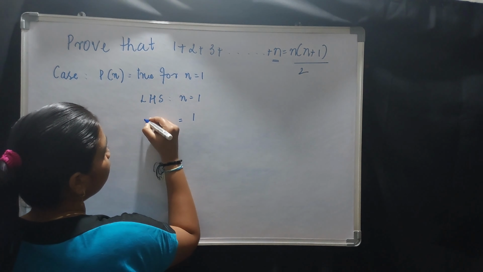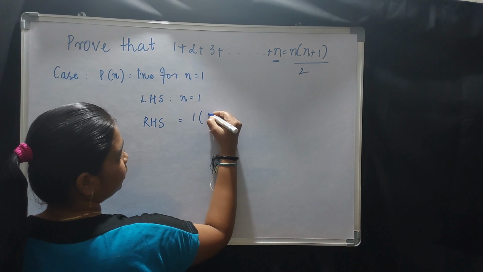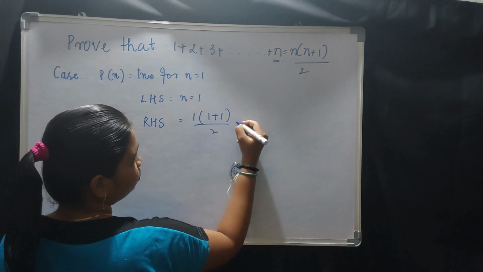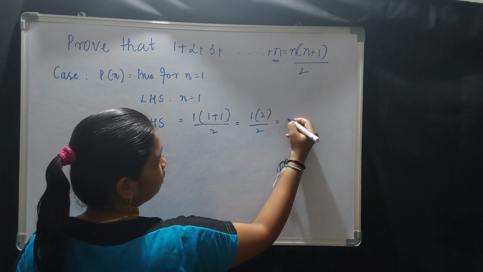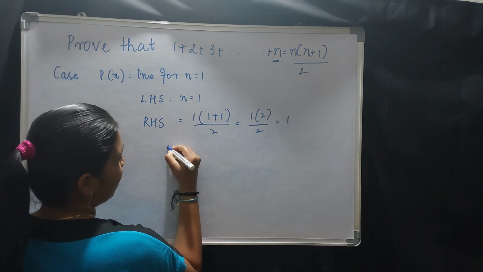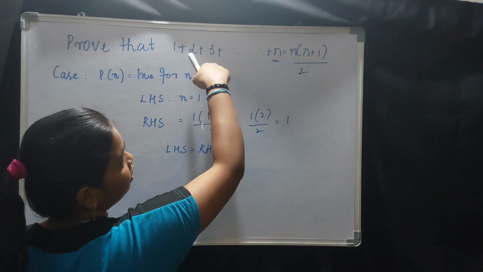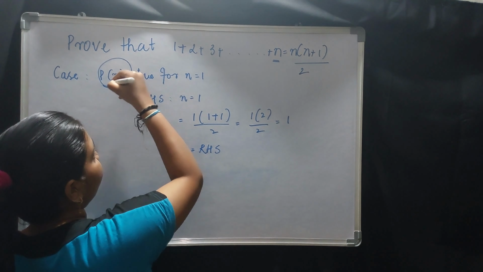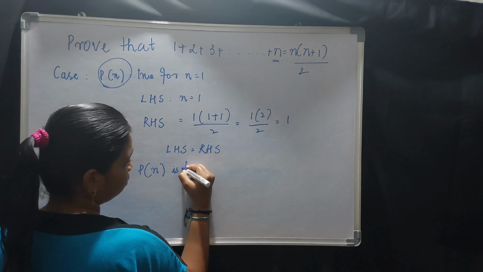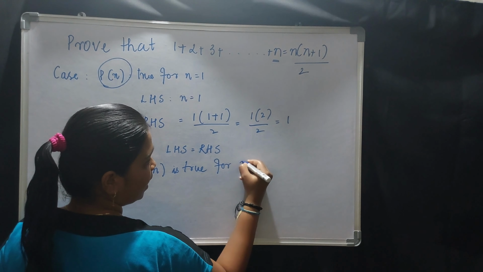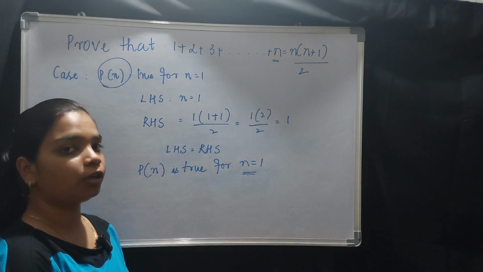So the RHS is n(n + 1)/2, so it is 1 into (1 + 1)/2, which is 1 into 2/2, which equals 1. So our LHS is equal to RHS. So this function, denoted by P(n), is true for n equal to 1. So we have proved the first case. Let's move on to the next.